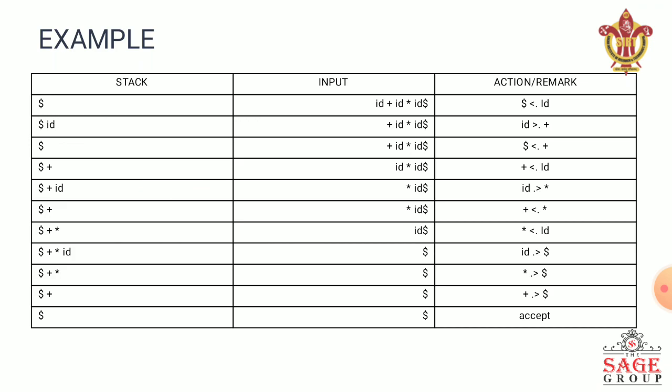We apply these shift and reduce operations continuously until the stack top is dollar and the input also contains dollar. If we find dollar in both the stack and the input, then we have proved that the string is accepted. So this is the complete parsing procedure to check whether any given input is valid or not.